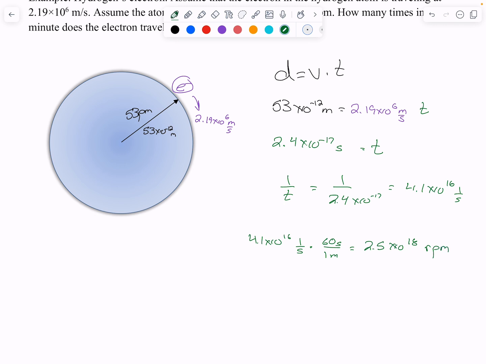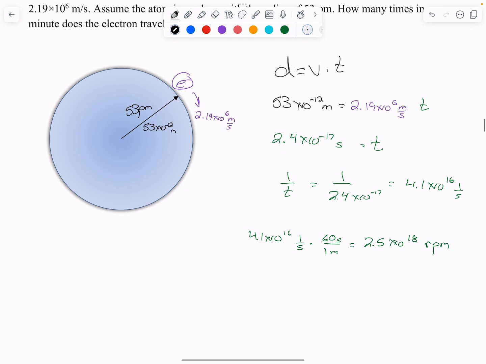That's a lot. Just so we know, if you have the helicopters that fly over, their rotors are typically between 400 and 500 RPM. So that's what the rotors of a helicopter typically are, right?